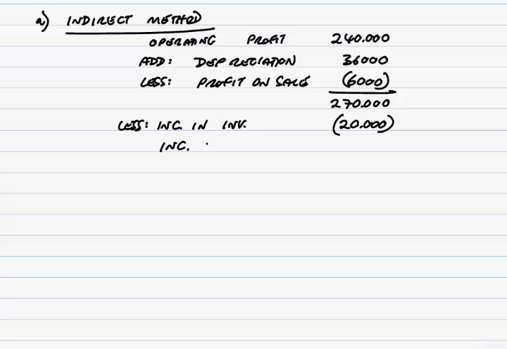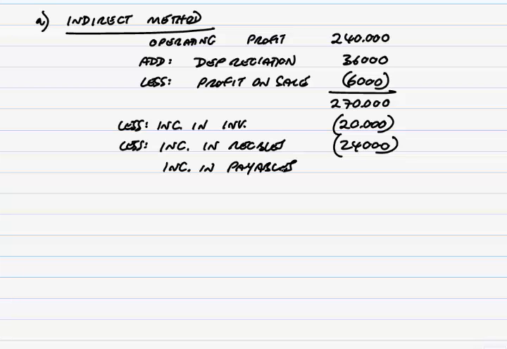Similarly, there's been an increase in receivables. It's gone from 235 to 259, an increase of 24,000. Again, we'll deduct. And finally, an increase in payables. 138 to 168, it's gone up by 30.